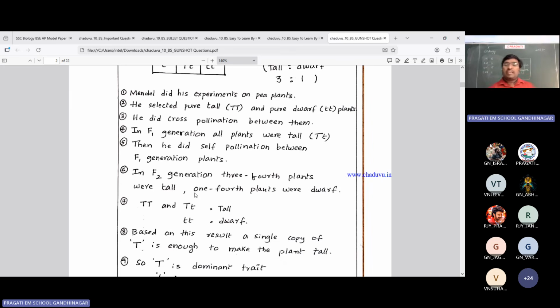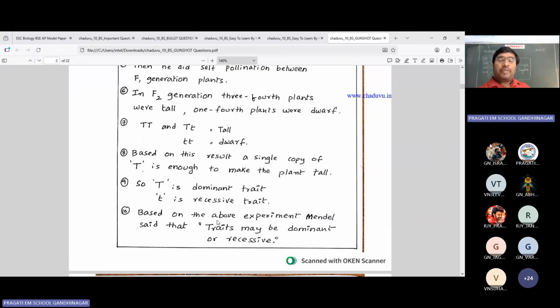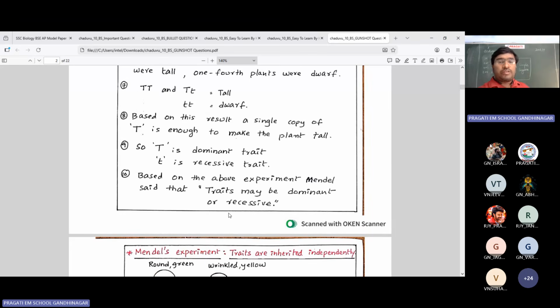So based on the above results, a single copy of capital T is enough to make the plant tall. So what is our explanation here? If it is a capital T in the trait, it should be a dominant trait. If it is a small t, it is a recessive trait, as we know.